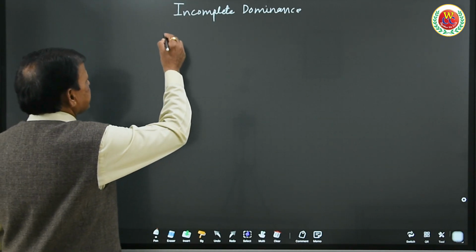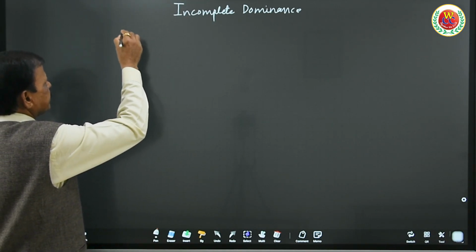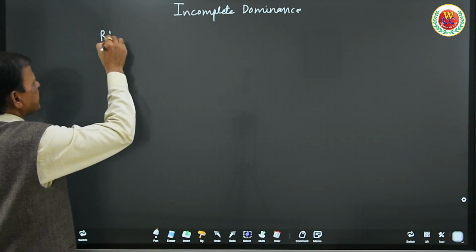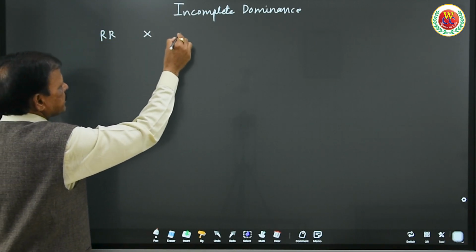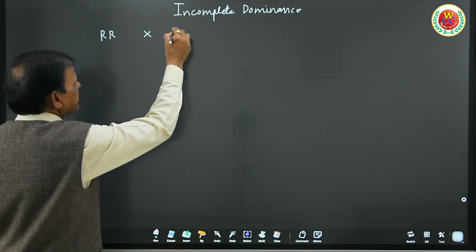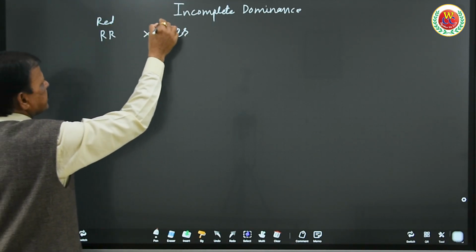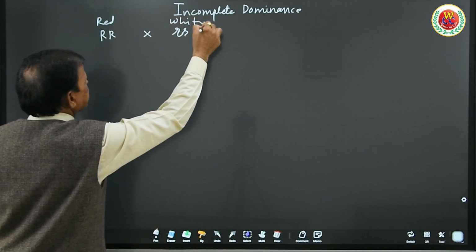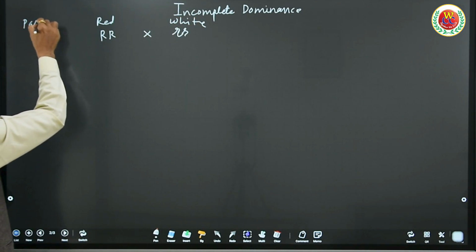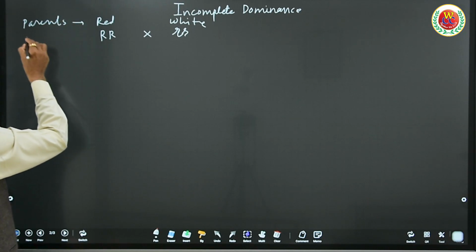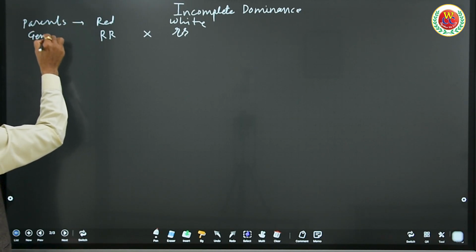It is explained as follows: when a pure red color flower, with capital R, is crossed with a white color flower with small r. So here this is a red color flower, this is a white color flower, and these are the parents, and these are the genotypes of the parents.